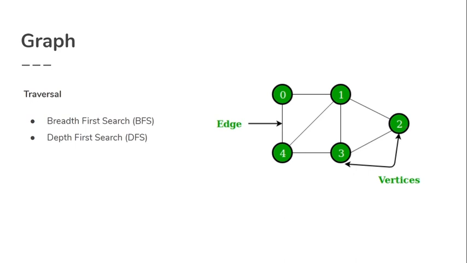To solve the problems, we use the same breadth first search and depth first search algorithms. Whenever you traverse from one vertex to another vertex, you will definitely use these two algorithms. These are the algorithms we are going to use to solve the problems.